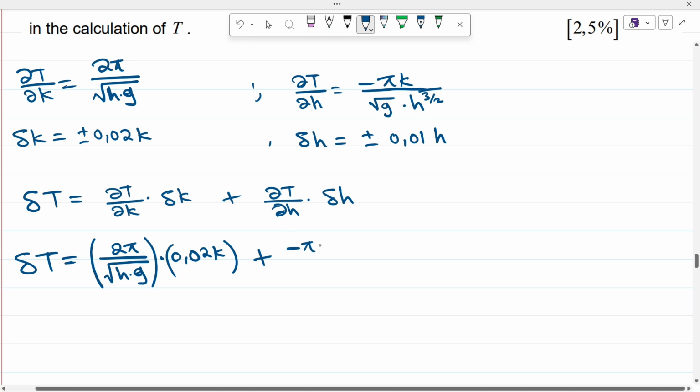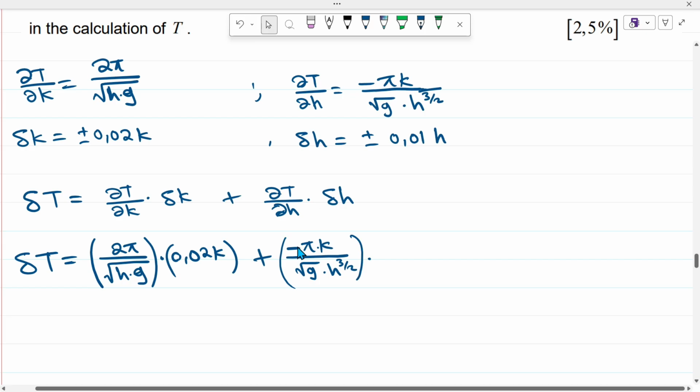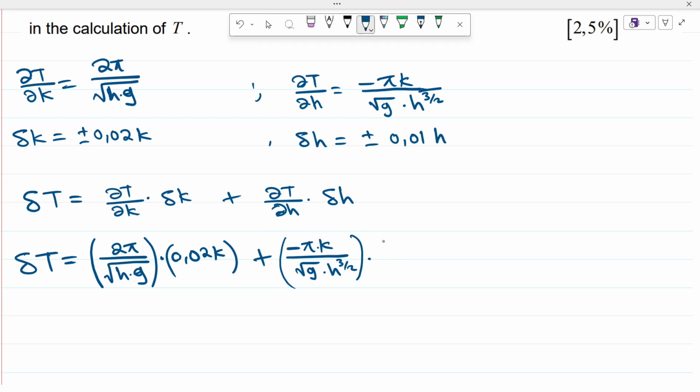When we copy that, this is how it's going to look: negative pi k divided by root of g multiplied by h to the power 3 over 2, multiplied by our change. You can see that this partial derivative is negative, right? So for the sign of the change in h, we have to take the one that is negative, so that the negative and the negative multiply to form a positive. So here we're going to say negative 0.01 h.